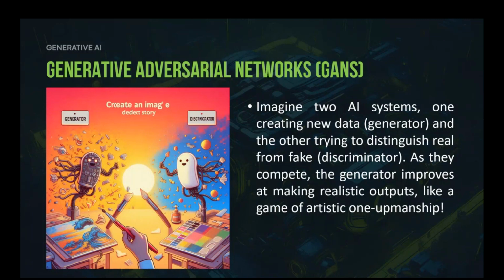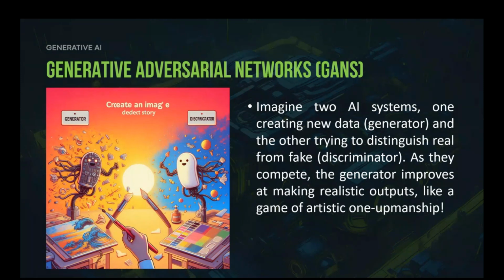The objective of a GAN, your generative adversarial network, is to reach that level where the discriminator is not able to find a difference between the fake one and the real one. And the fake images the generator creates are passed as real and given to the customer.